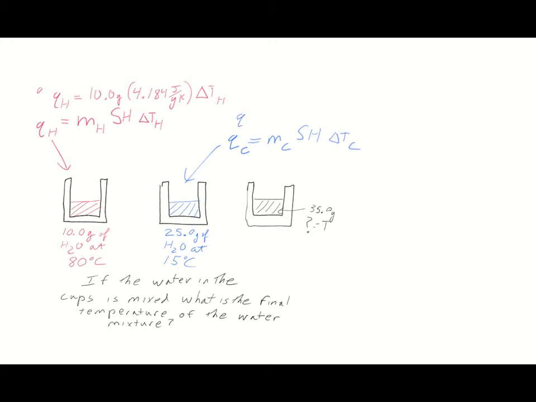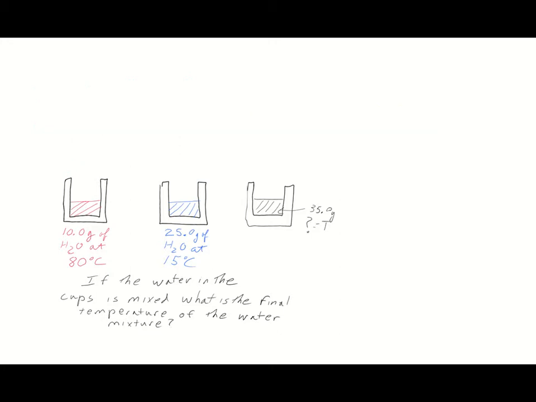So the heat flow of my cold water would equal 25 grams of water times the specific heat of water times the temperature change of my cold water. So now I've got two equations. Each equation is missing both a heat flow and the information about the temperature change. How can we come up with a way of resolving this?